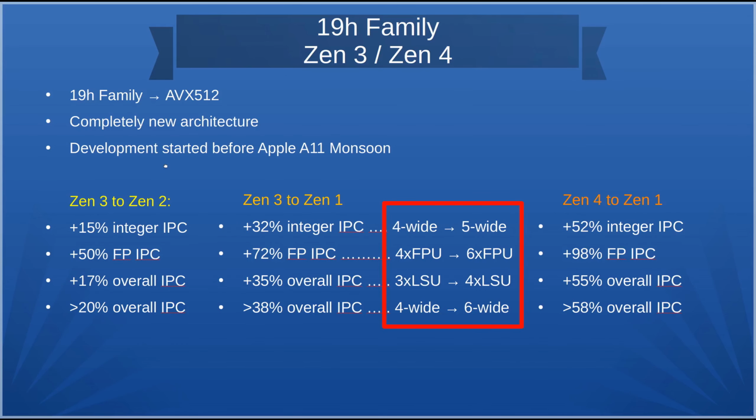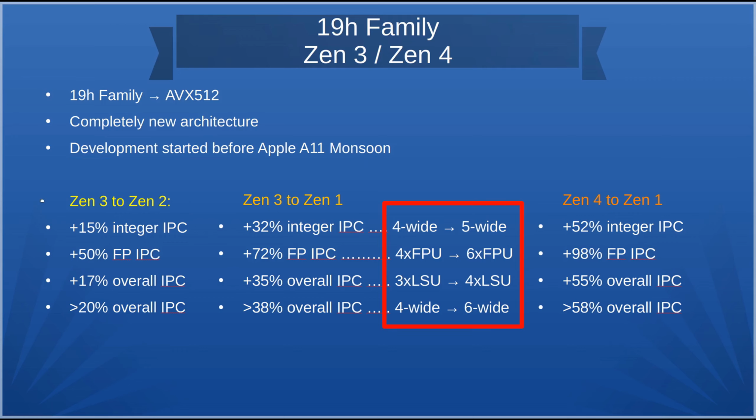Another thing we know is that Zen 3 is not a reaction to the Apple A11 Monsoon, because the Apple A11 Monsoon is the first CPU which is using 6 ALUs, since 2017.